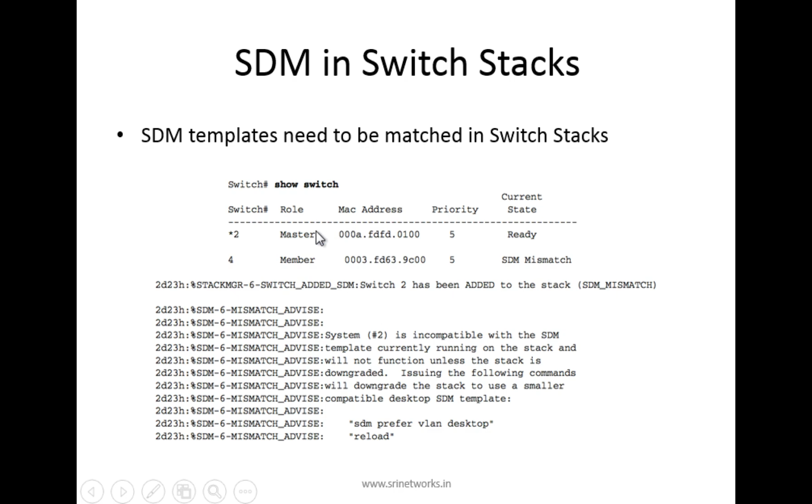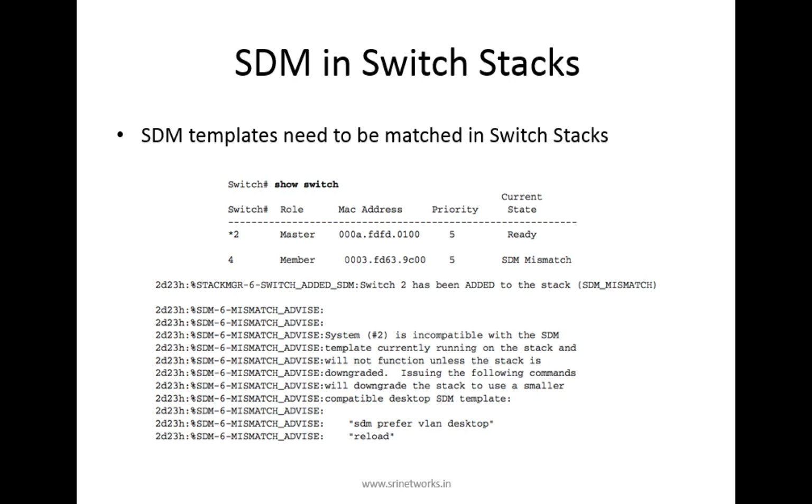You can see it in these show commands. This output is taken from the Cisco documentation website, and if you do show switch, it says that one of the members has a mismatched SDM configuration, and you can see the log below saying one switch has been added to the stack with an SDM mismatch.